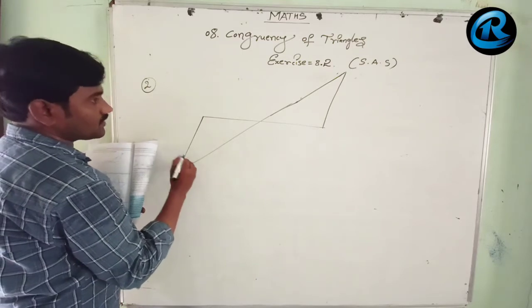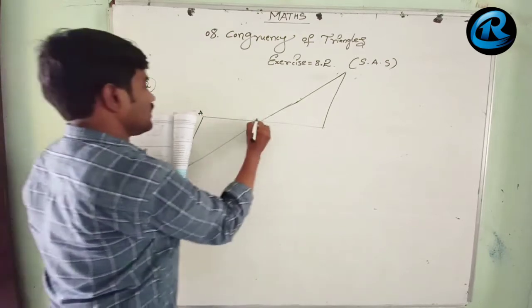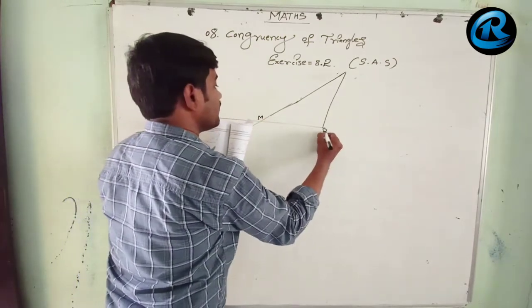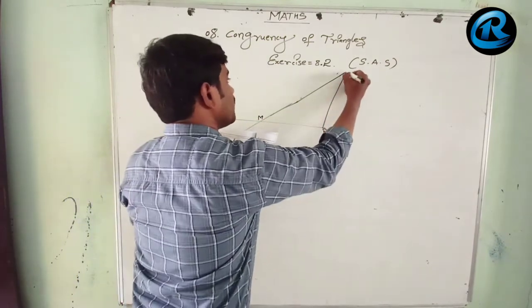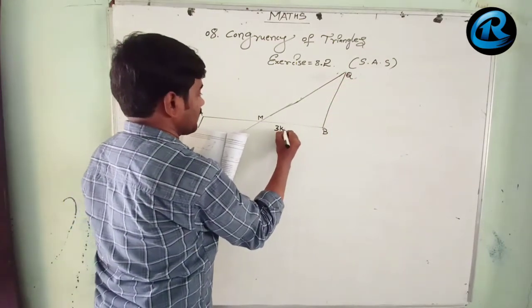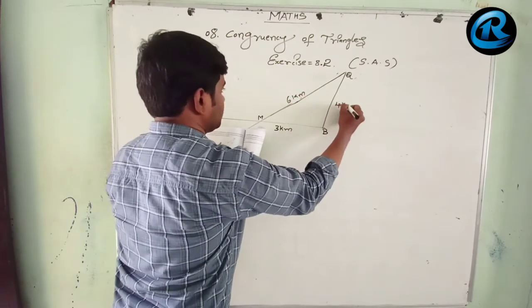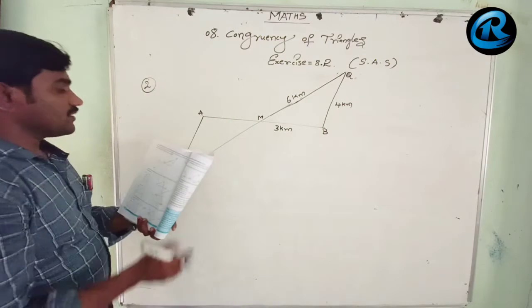Now here it is A and M and B, it is Q, it is P, and it is given 3 kilometers, and here 6 kilometers, and 4 kilometers. Now let us write here.